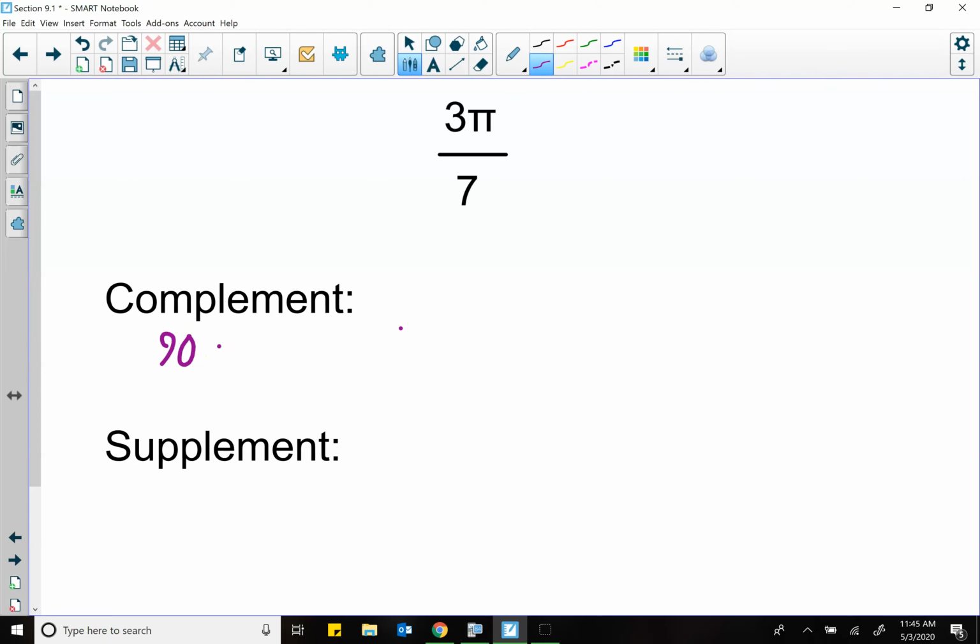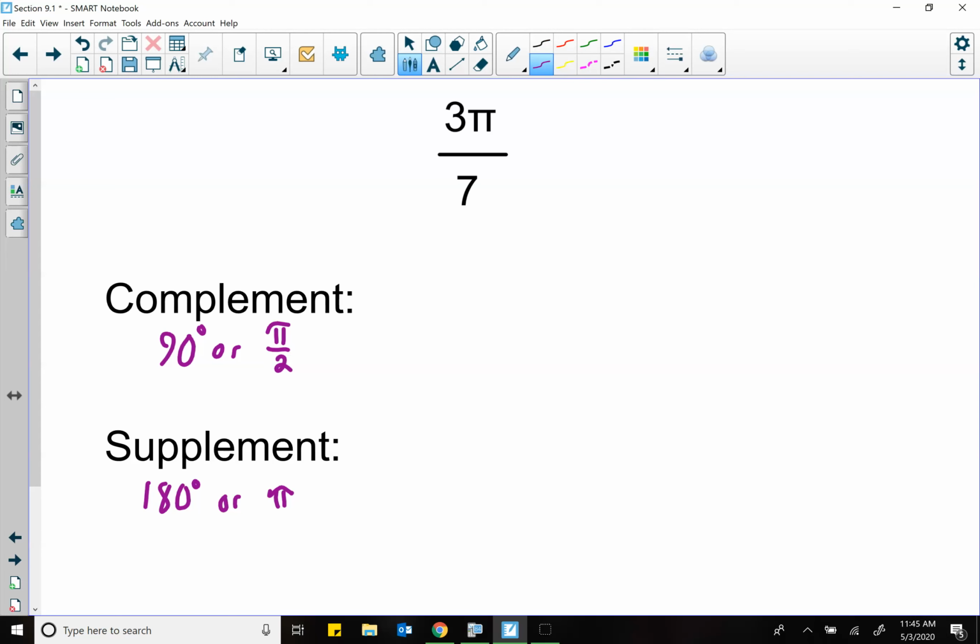In radians, that is pi over 2. 90 degrees is pi over 2 in radians. You'll start to understand more about that pi over 2 soon enough, but you're going to have to take my word for it. Supplementary, again, that's 180 degrees, or pi. So in radians, 180 degrees is pi.